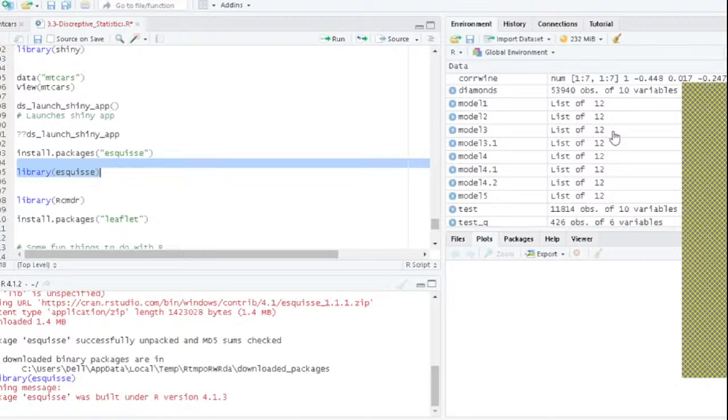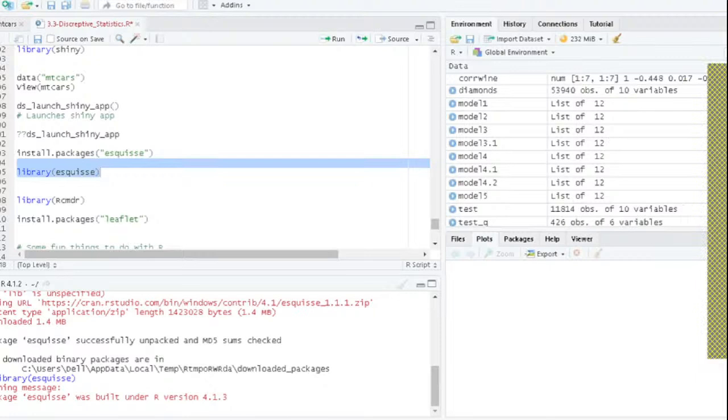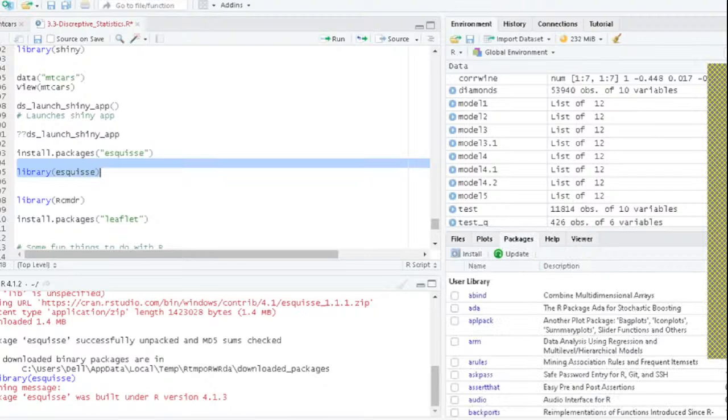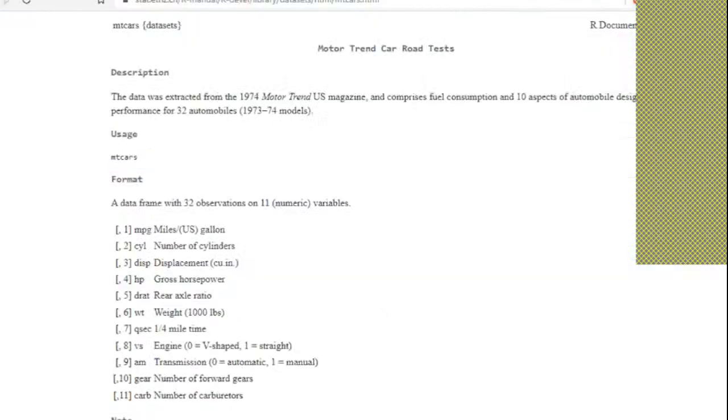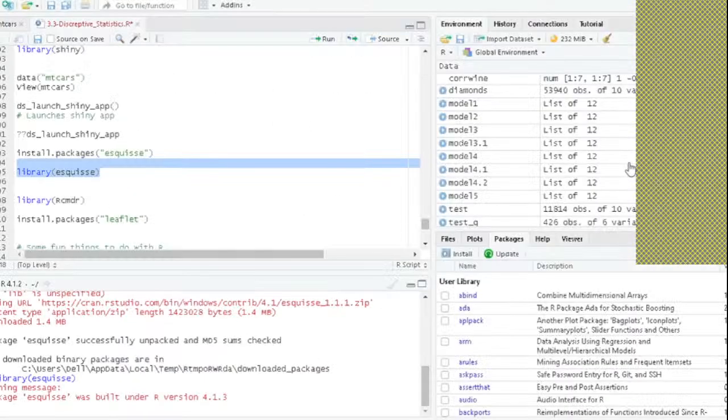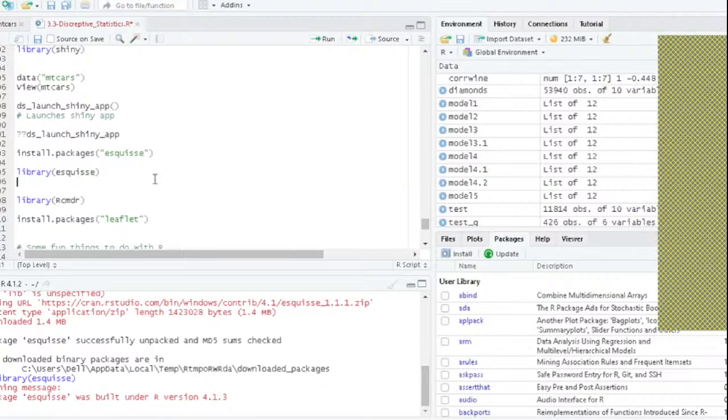So if I run SQC, are you getting a window pop-up? And it has an interface? No? These packages, no one is getting them?